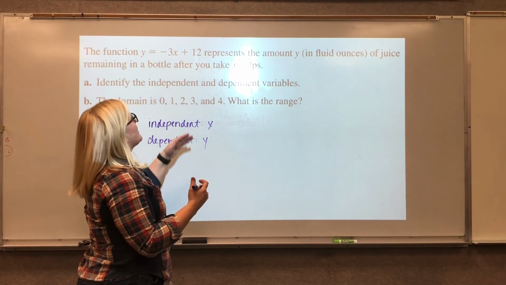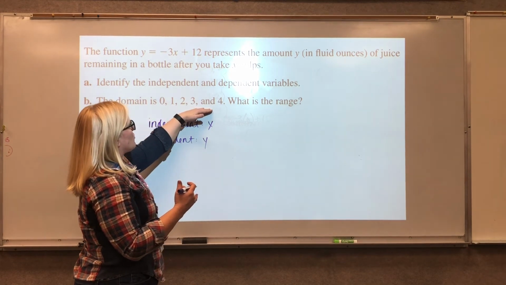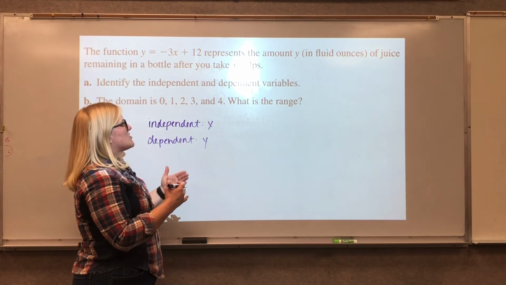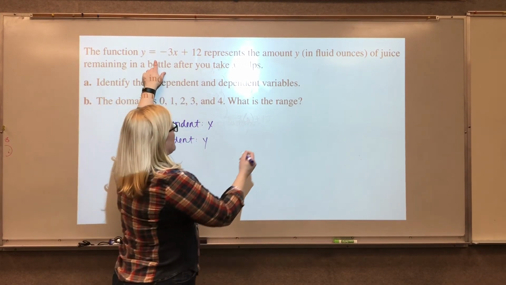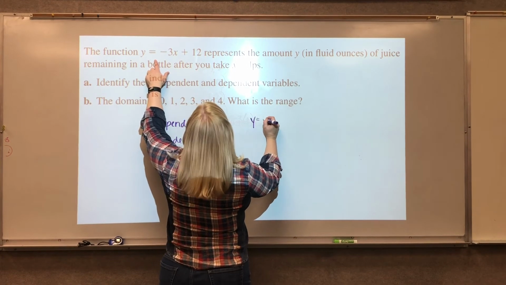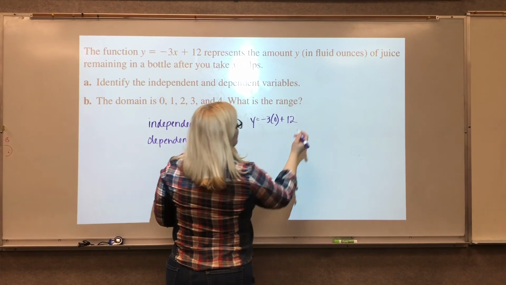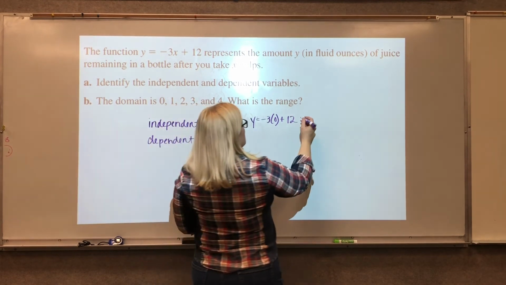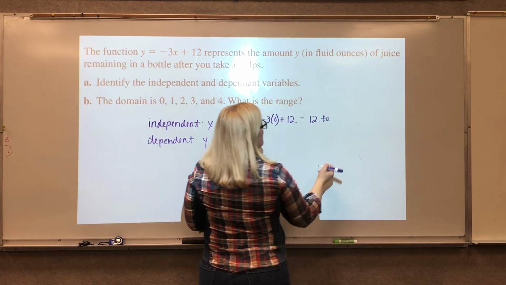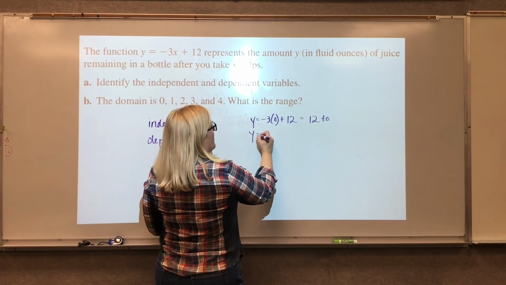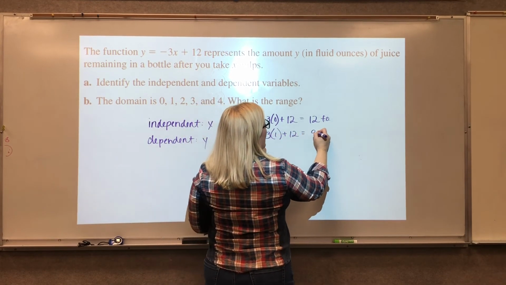Okay, so it also asks, the domain is 0, 1, 2, 3, and 4. What is the range? So remember, the domain is my x value. It's what I'm going to put in. So if I put in 0 gulps, that pretty much tells me how many fluid ounces of this juice I have. So I have 12 fluid ounces. If I take 1 gulp, I'm left with 9 fluid ounces.